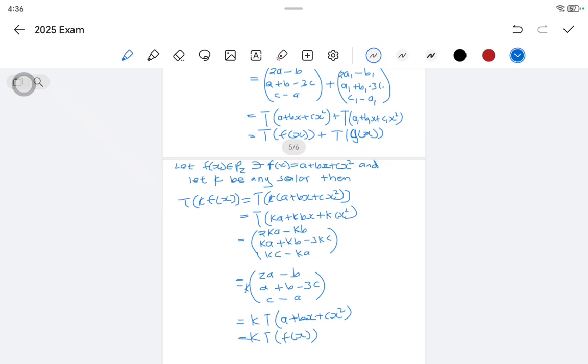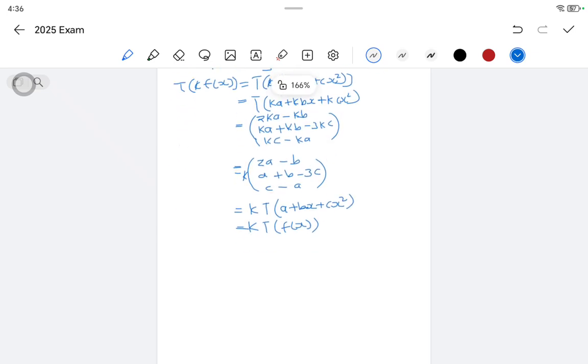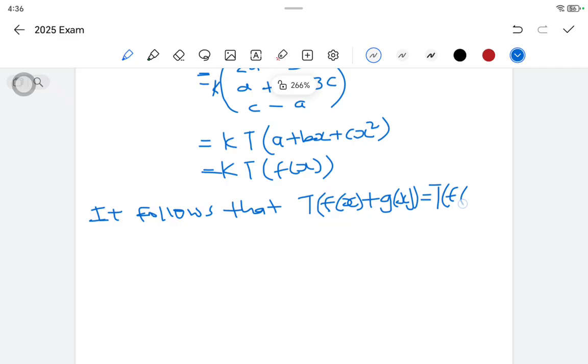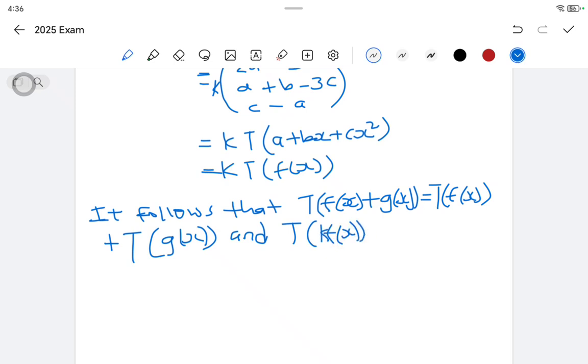So if this holds, then you can now deduce that it follows that T of f of x plus g of x is equal to T of f of x plus T of g of x, and also T of k f of x is equal to k T of f of x.